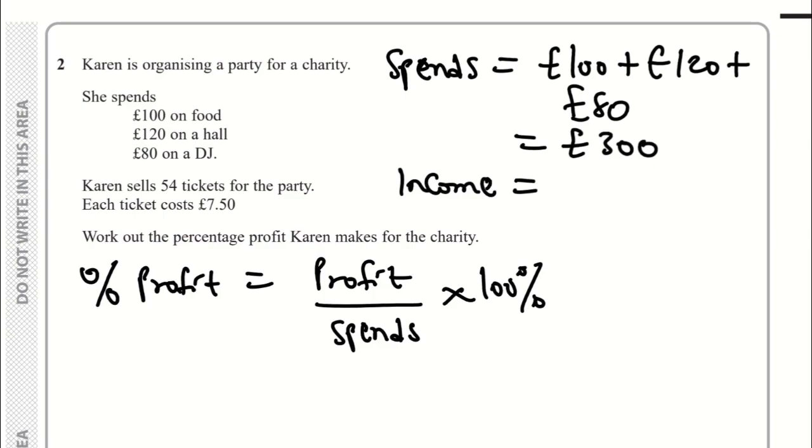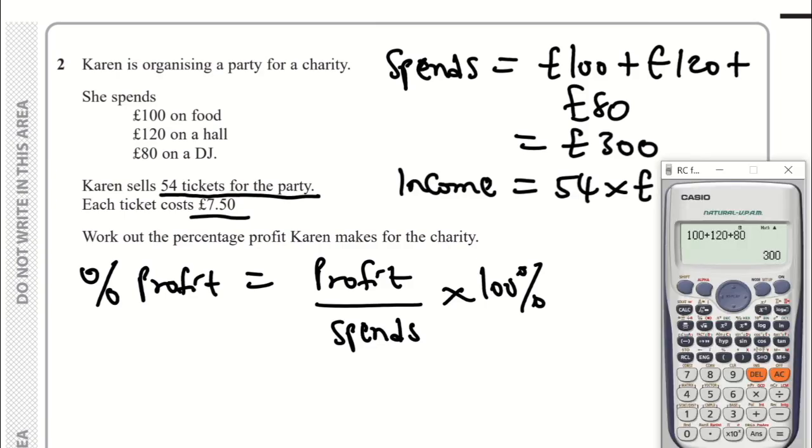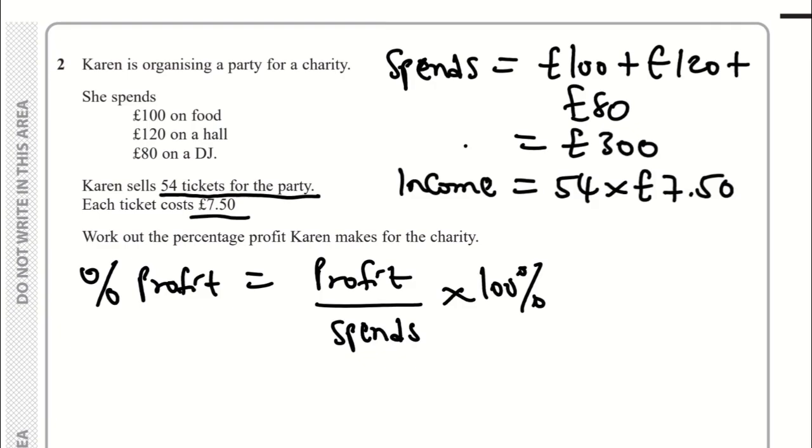We're told that she sells 54 tickets for the party, and each ticket costs £7.50. So 54 times £7.50. Okay, let's get a calculator again and do 54 times £7.50. What's that going to be? That's 405.